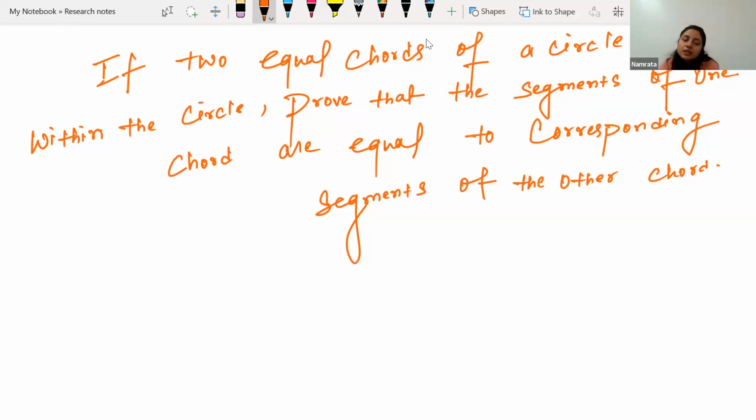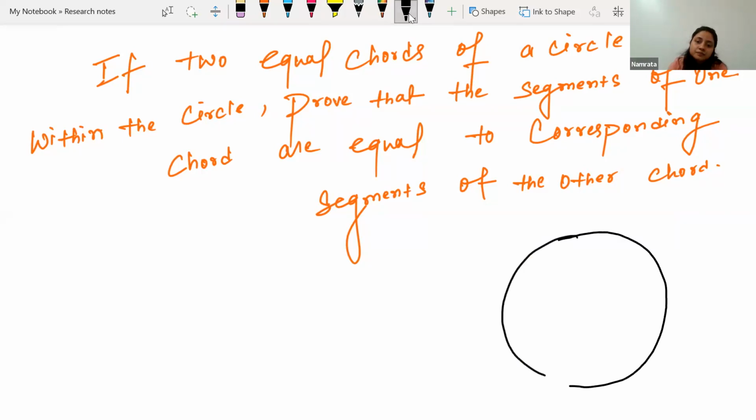So here it's written, if two chords of a circle intersect within the circle. So we are having a circle. Here it's written that two equal chords are there. So let's say we are having equal chords, that is AB and MN. Why am I drawing chords like this?